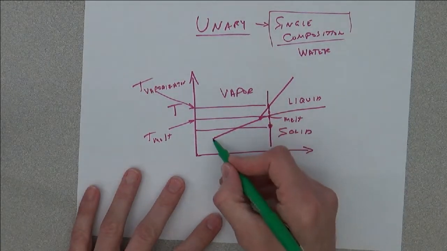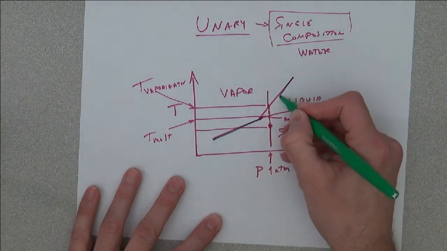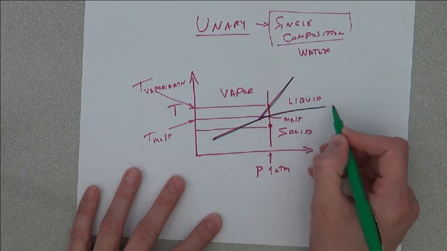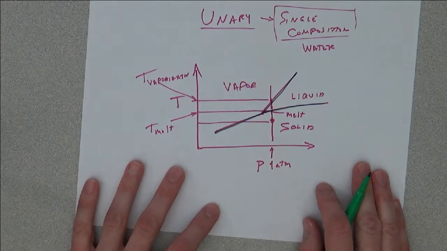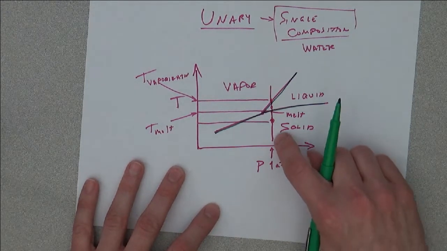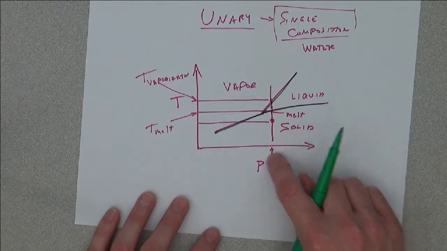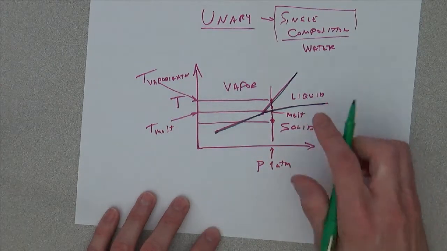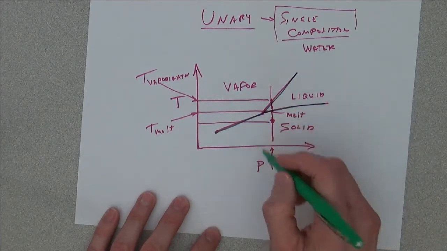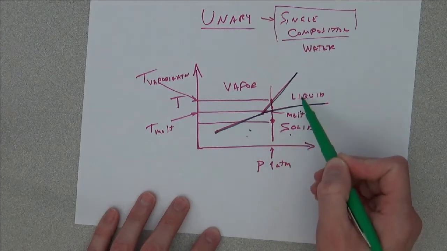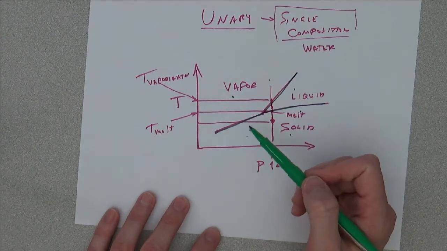So I'm going to try to distinguish the colors here a little bit. There you have it. So this tells us then how changing the pressure and temperature and moving to different points in that diagram, you'll know what the compositions are.